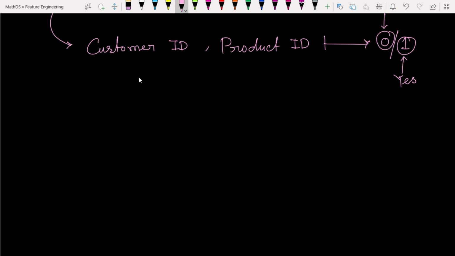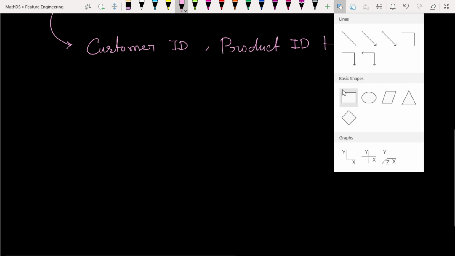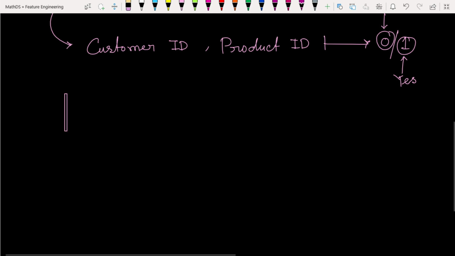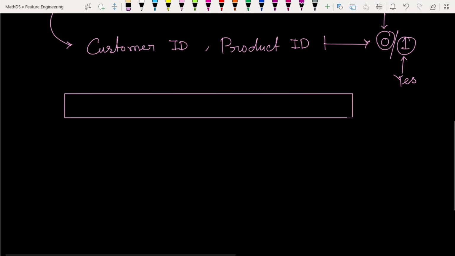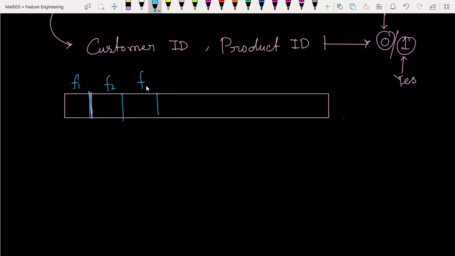So the first thing that we have to do is build various features. Suppose F1 is one feature, F2 is one feature, F3 is one feature, and like that, suppose we have built FM features corresponding to a product.